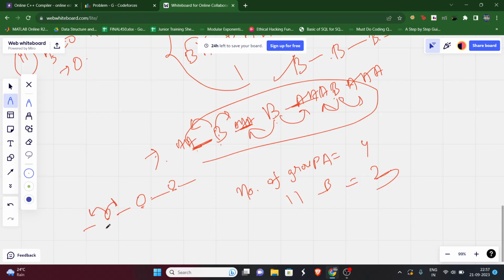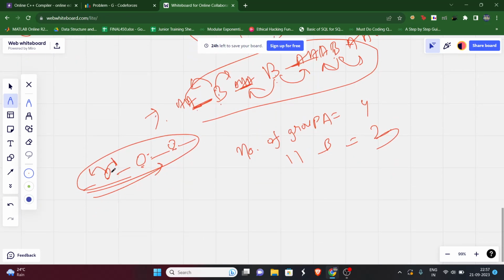So at max, what we can see from here is, if there are 4 groups of A and there are only 3 B's, then we can take at max 3 groups, so at max the number of groups equals the number of B's. Okay, so what is the best scenario in this case?